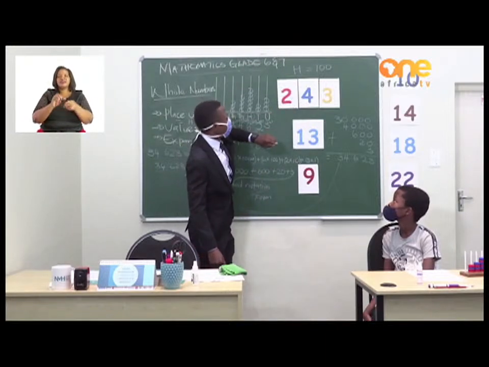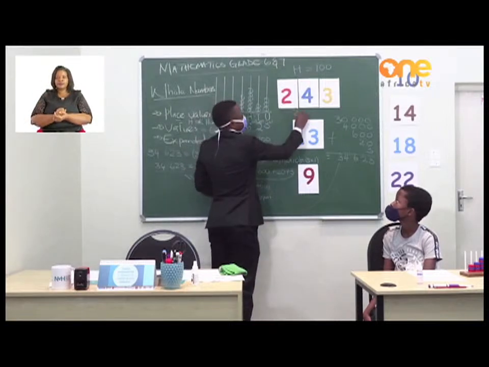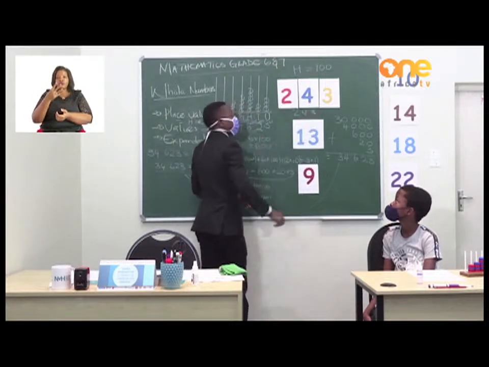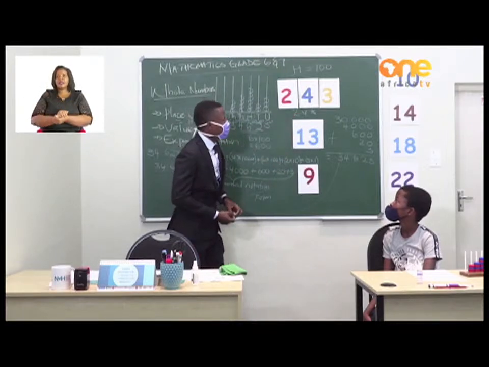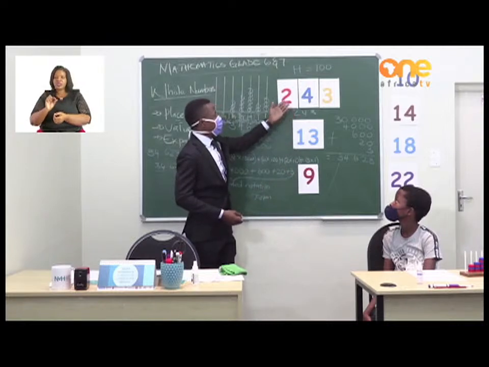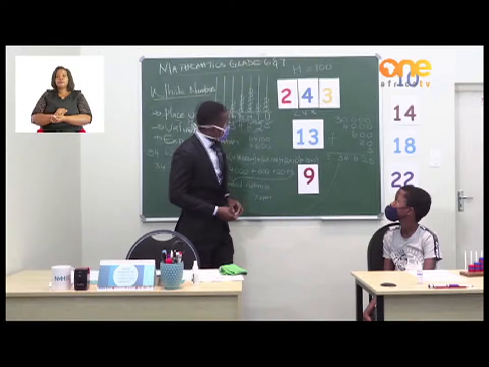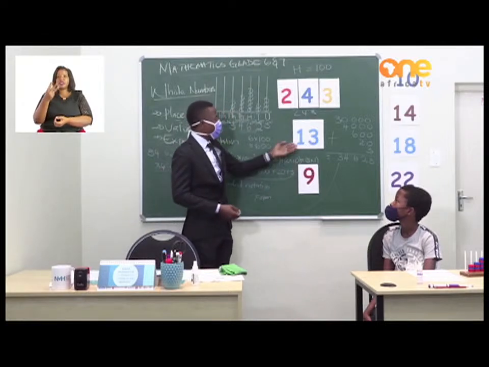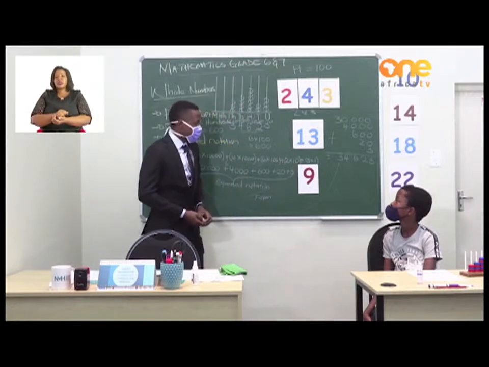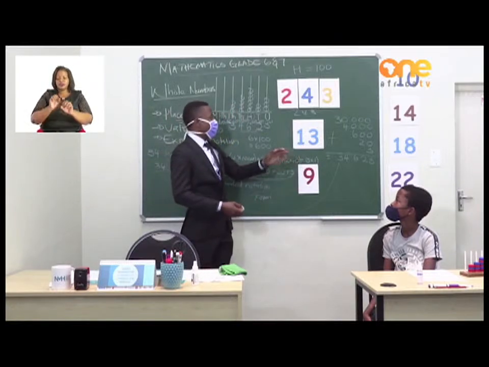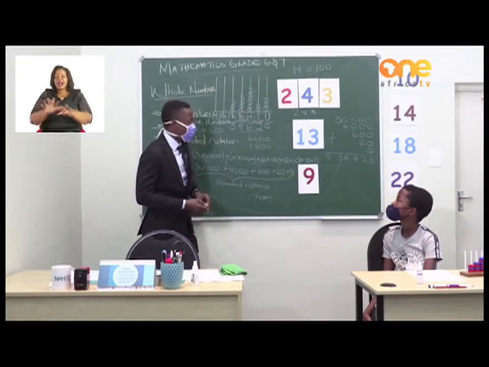First of all, we have 243. You need to know how to write this in words. You can try it in a minute. We have 13 here. You can also try to write it in words. And we have 9. You need to know also how to write 9. That is just for you to know how to write the numbers in words.